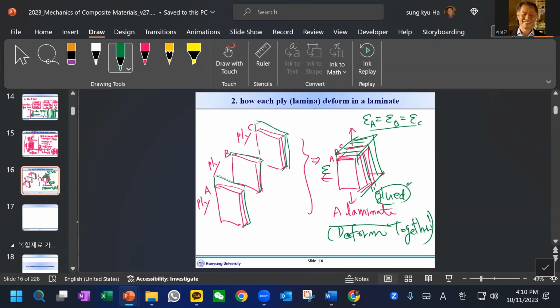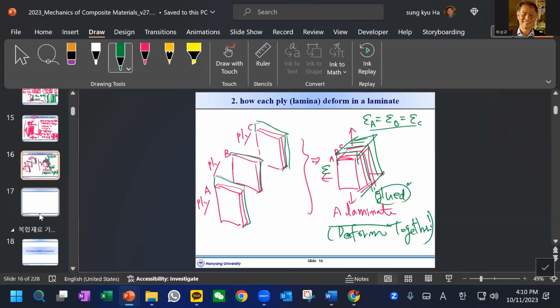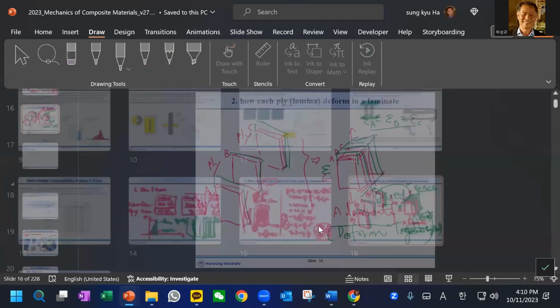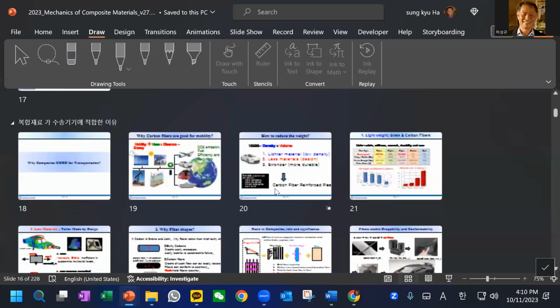So based on this, we will continue to study the basic mechanics.